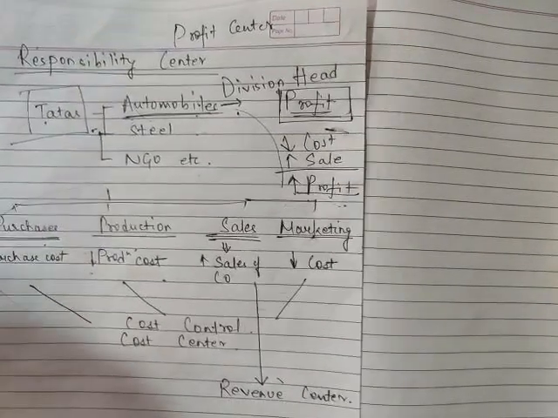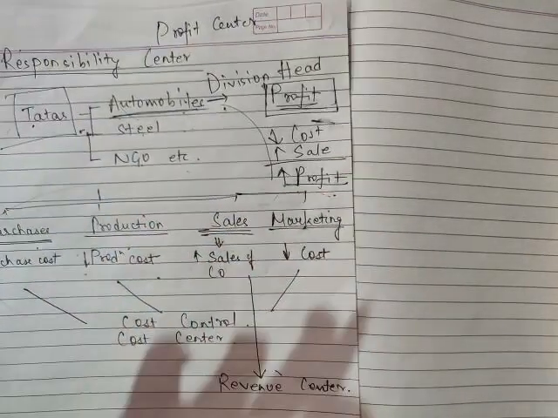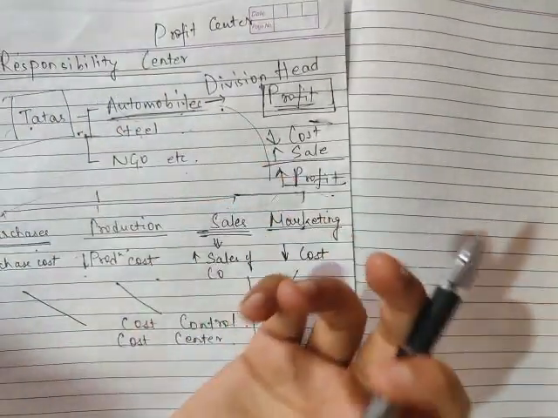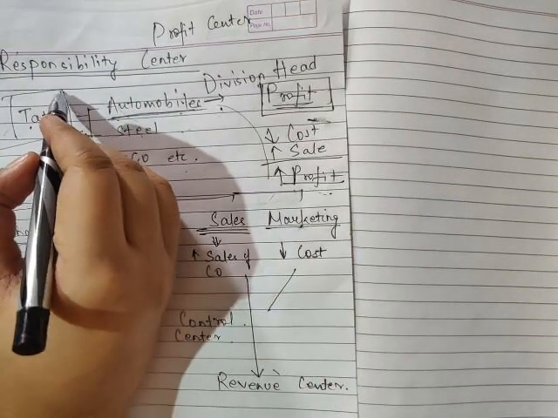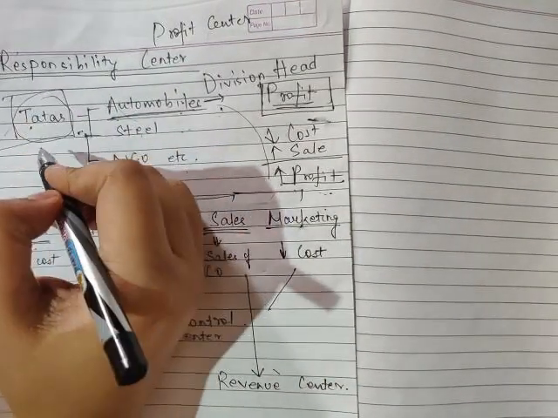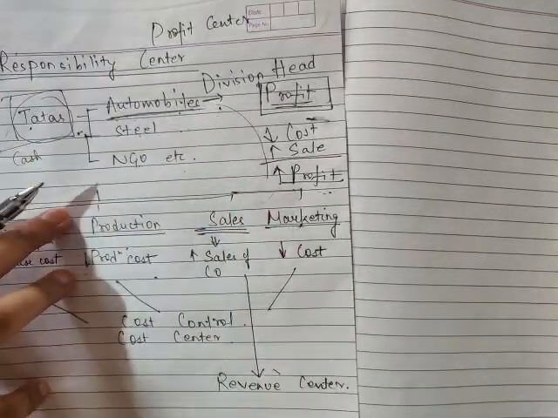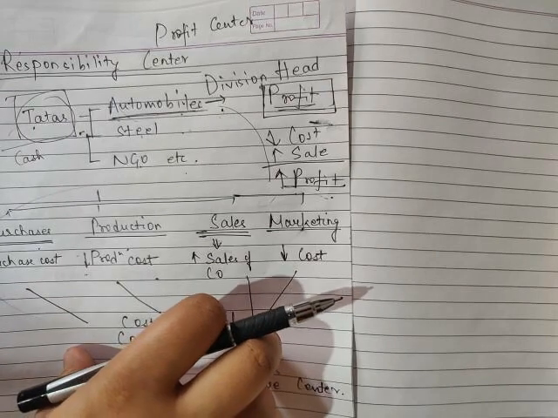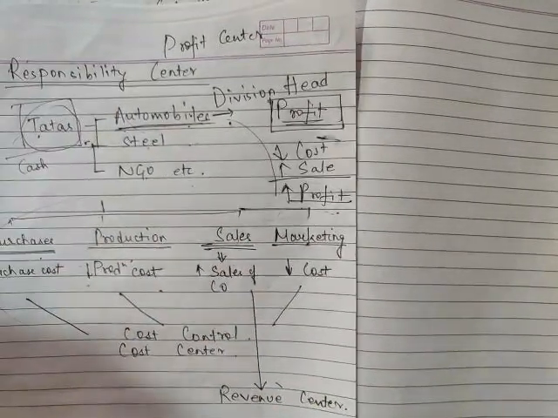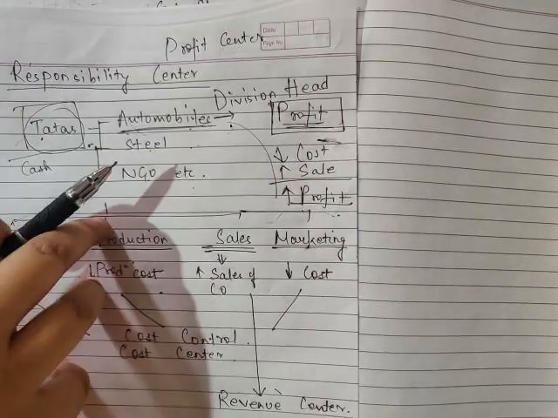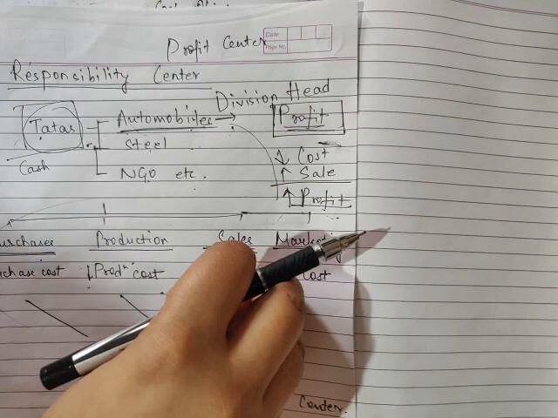Now, all these divisions are given some kind of autonomy to manage its funds and increase its profit. The Tata company as a whole will have a lot of cash and resources which it can invest in, say, shares, mutual funds, and other opportunities to earn interest to ensure that the cash is not lying idle in the bank accounts.